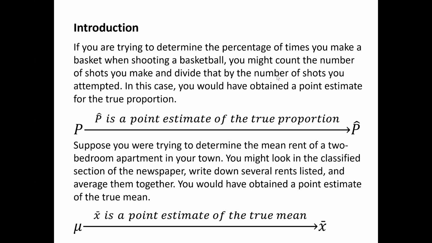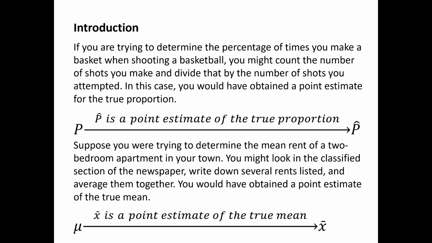Suppose you were trying to determine the mean rent of 2-bedroom apartments in your town. You might look in the classified section of the newspaper, probably not anymore, write down several rents listed and average them together. You might go to apartments.com these days. You would have obtained a point estimate of the true mean.